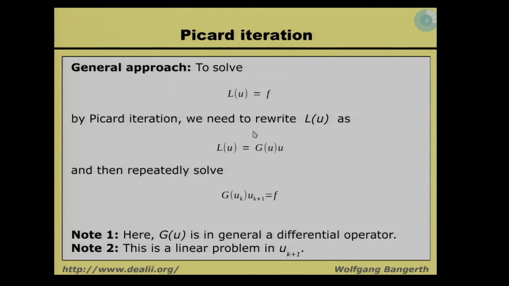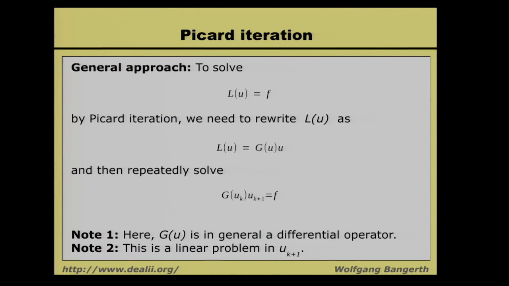So I would like to rewrite this operator L(u) in the following form, namely as g of u, that might still be nonlinear, times u. So it is linear in this term here. And then we would like to repeatedly solve the equation g of u_k applied to u_{k+1} equals f.